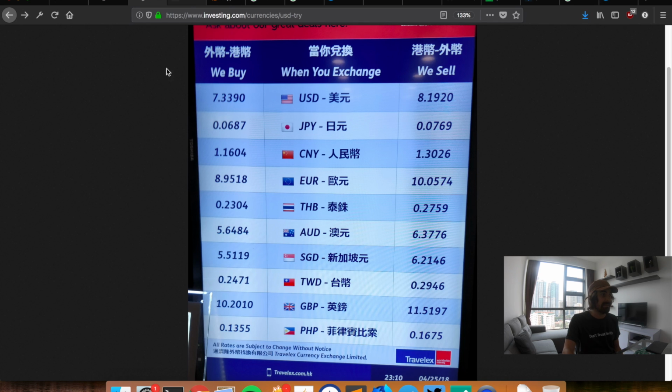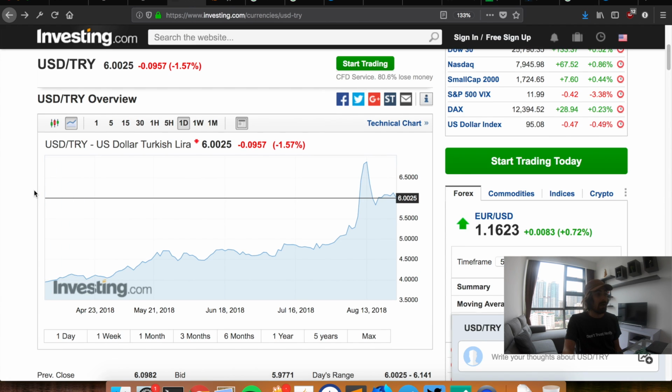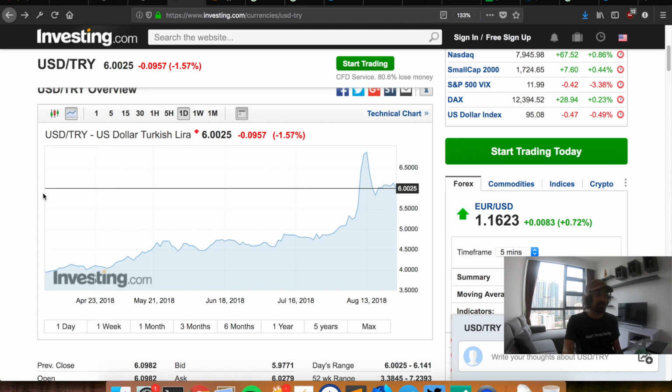A practical example is the Turkish lira, which has been very volatile as of late. This chart shows how much Turkish lira you need to buy $1, and it has been going up, as you can see. In one specific day, the price went from 5.5 Turkish lira for $1 to 6.4, and that's 20%. It's a crazy amount.